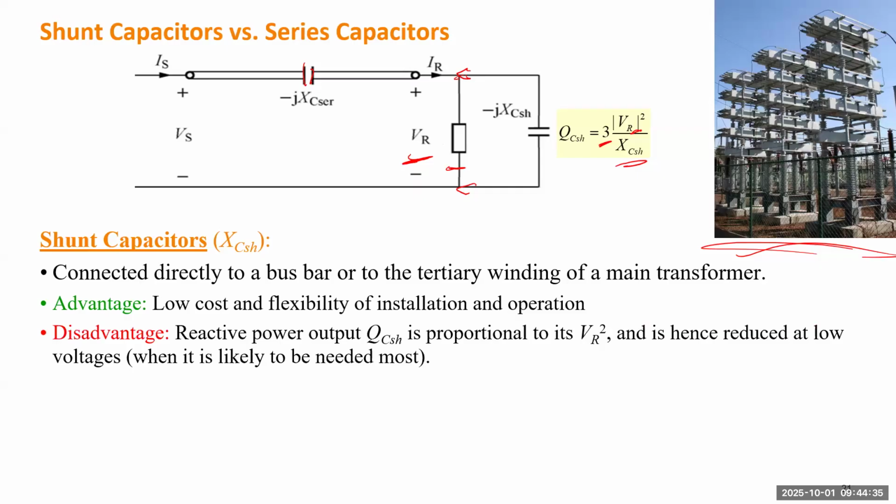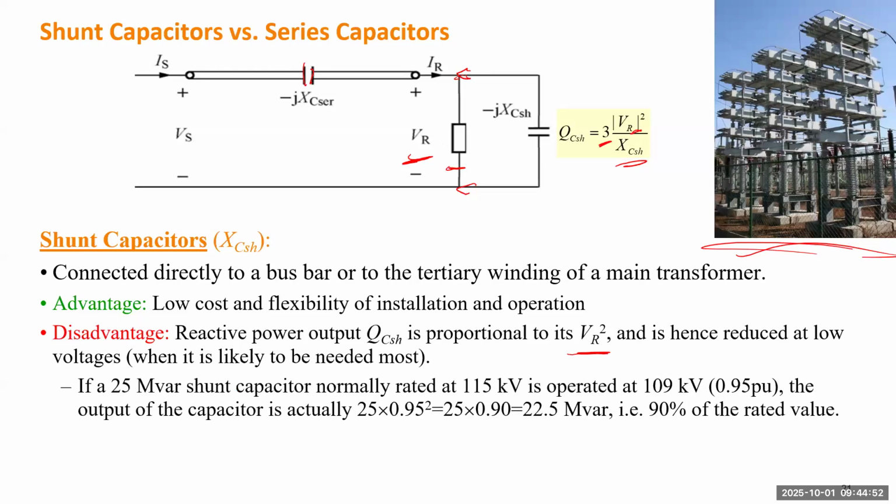The disadvantage is that Q depends on the voltage. Q is proportional to the voltage squared, which means when the voltage is lower, Q also decreases. Let me give you one example.